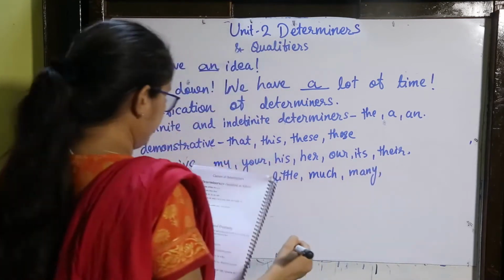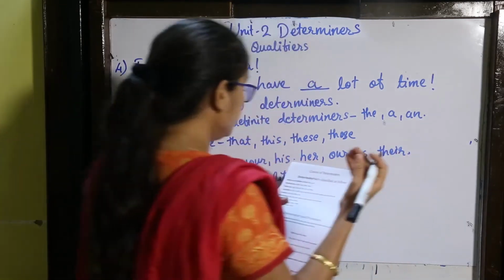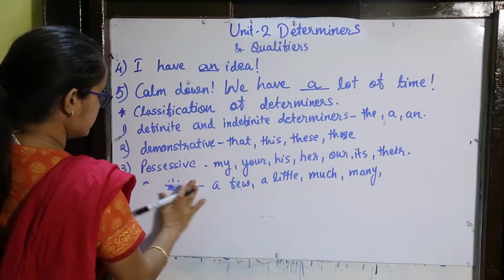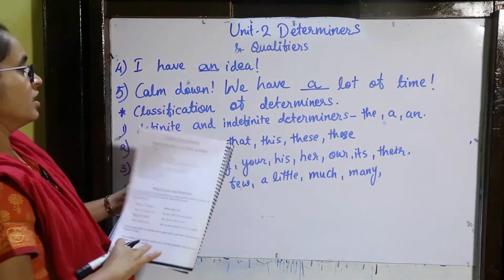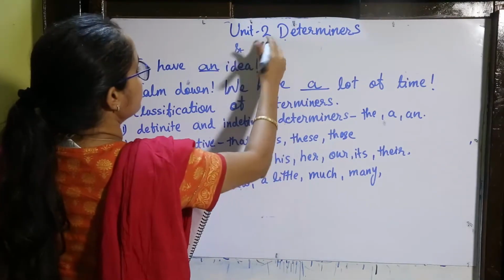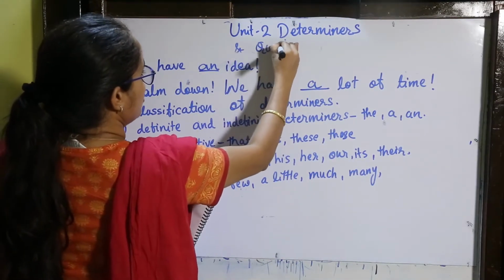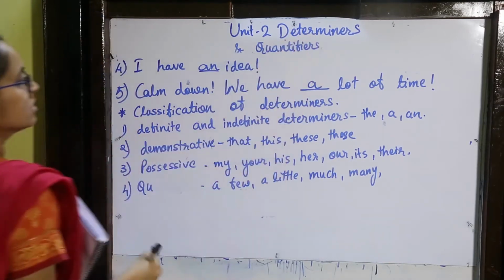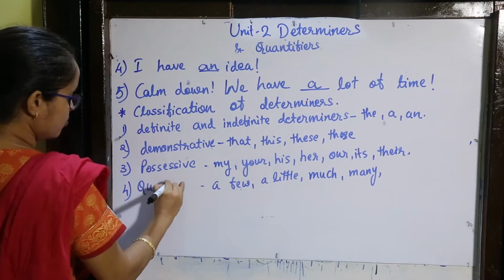These are known as quantifiers. I am so sorry, it is known as quantifiers. Qualifiers are different. I am very sorry, I made a mistake. So, quantifiers means showing quantity.